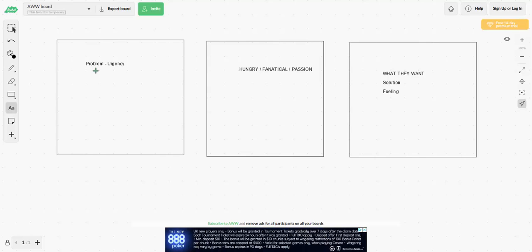So the first thing that you want to be looking at, and this is more down to the niche area that you're in, is the urgency around the problem. Here's a simple way of putting it. The bigger the problem, the more urgent the problem, the more needed a solution, the better niche it is. Let's say you are in a niche area where you're trying to sell an ebook on the benefits of drinking water.